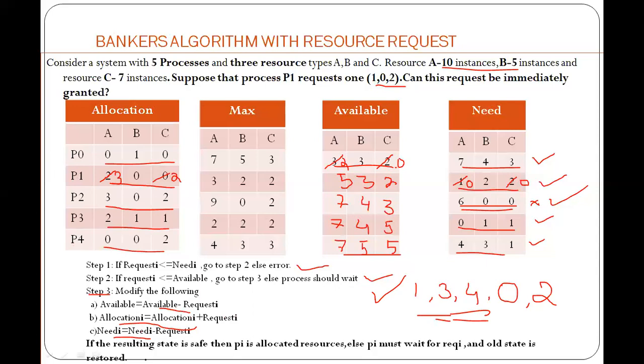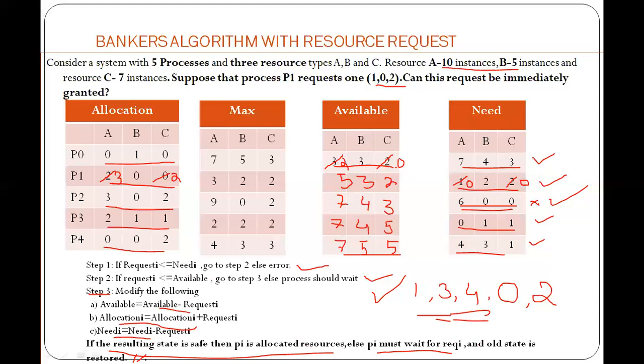Okay, so here there is a statement which says if the resulting state is safe, then Pi is allocated resources, else Pi must wait for request i and the old state is restored. I hope this is clear to you guys.